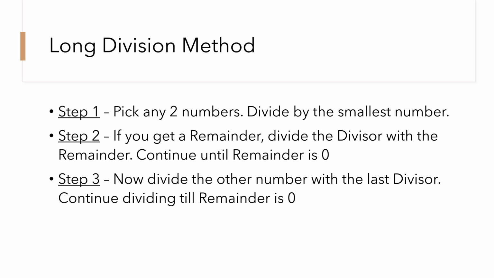Step 3. From step 2 you have got a last divisor with which you got the remainder as 0. Now you will divide the other number with this last divisor and you will continue dividing till the remainder is 0 again. The last divisor that you will get is the HCF of the numbers.